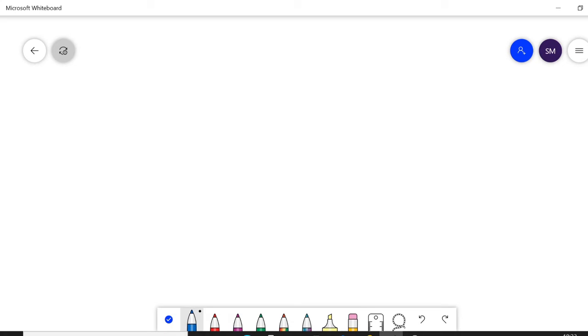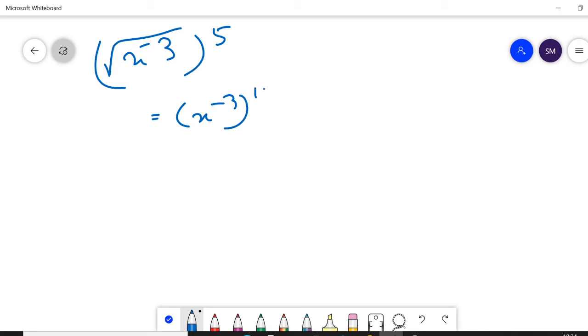Simplify x to the power minus 3, square root, whole to the power 5. Square root means whole to the power half, then whole to the power 5.